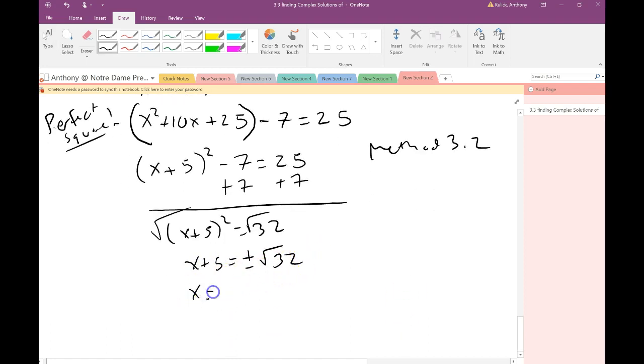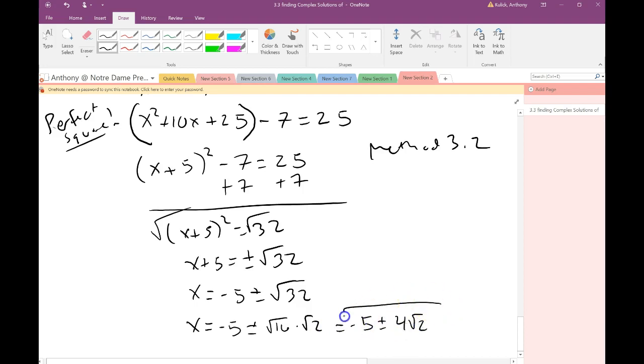And if I subtract 5, I recognize, hopefully, that in the square root of 32 there's a perfect square, in fact 16 times 2. The square root of 16 is 4. So there is my answer.